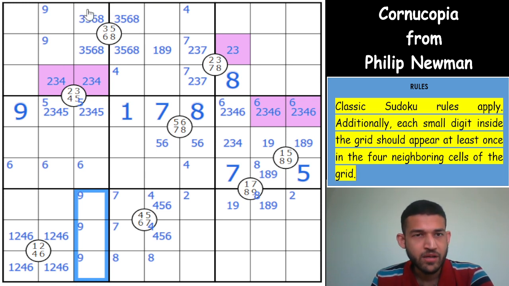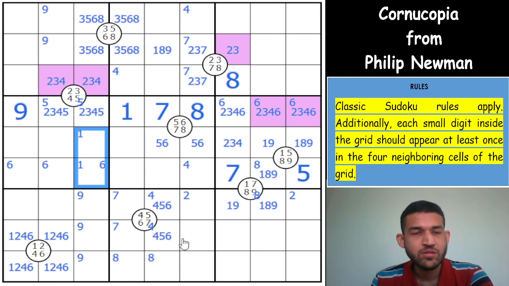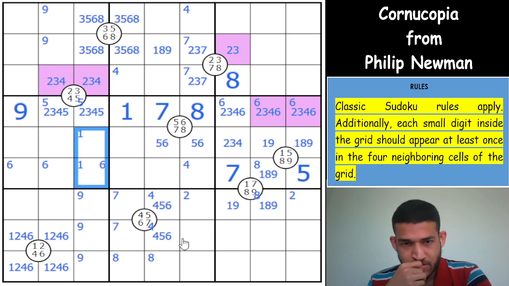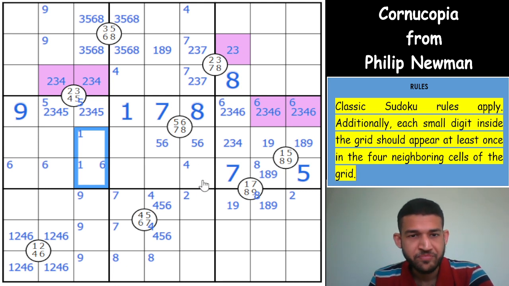So 1 in this column has only 2 options. It has to go in one of these 2 cells. Okay, that's nice.